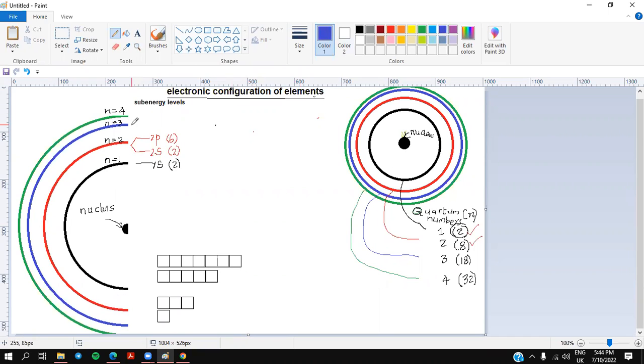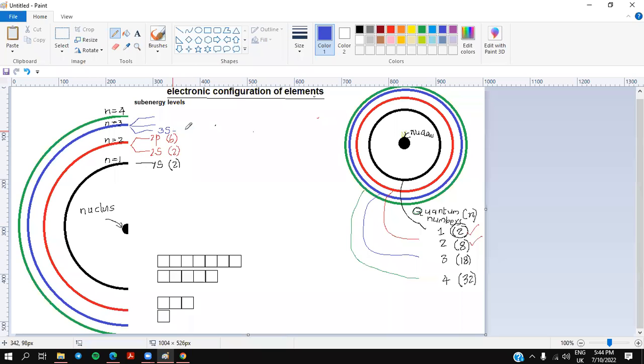And then the third quantum number is going to divide into 3 parts, where again the innermost sub-energy level is called s. Because it is in quantum number 3, we call it 3s. You know how many electrons can be kept in the s sub-energy level?